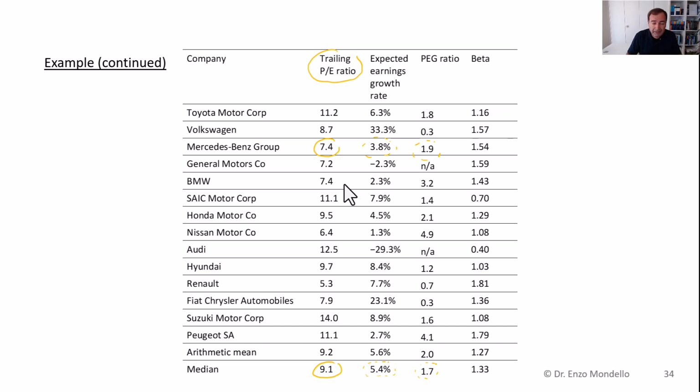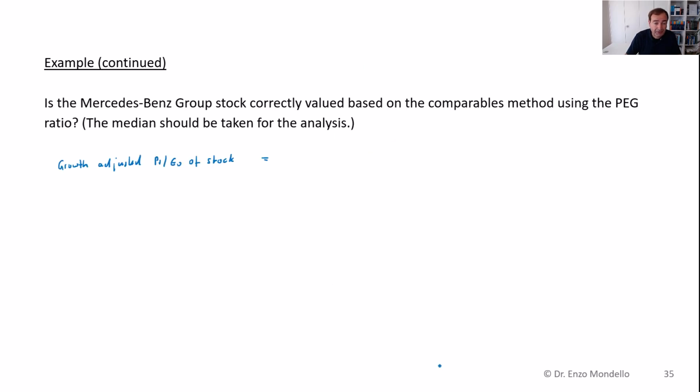We take the PEG ratio of the automobile industry of 1.7, and we multiply that by the earnings growth rate of the Mercedes-Benz Group, which is 3.8%, so written in decimals 0.038 multiplied by 100. In doing so, we will get then a growth adjusted PE ratio of the stock of 6.5.